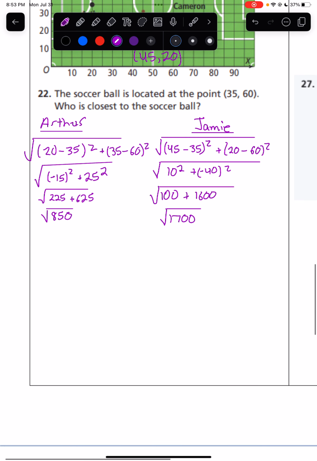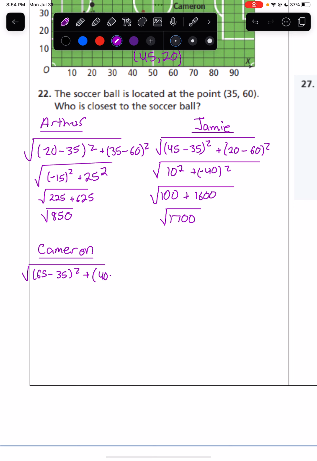Then finally, we also need to find it for Cameron. So here's Cameron's stats. He's got the square root of 65 minus 35 squared plus 40 minus 60 squared.